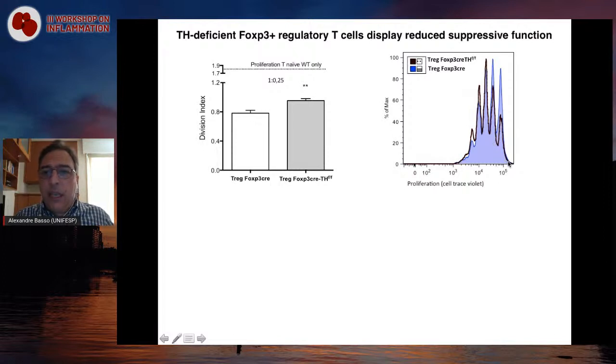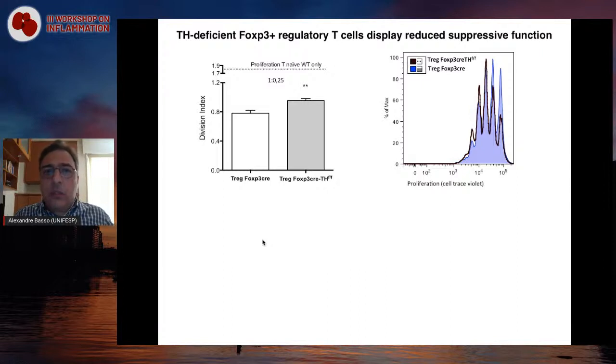And we can see here that the responder T cells cultured along with the TH deficient FOXP3 regulatory T cells proliferated at higher rates as compared to the ones cultured with the control FOXP3 regulatory T cells. So this indicates that the TH deficient FOXP3 regulatory T cells display reduced suppressive function.